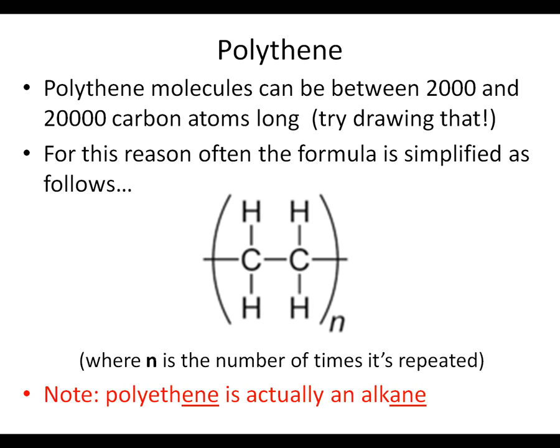So having really long chains means that they have much higher melting and boiling points. They're always solid at room temperature. So virtually every plastic that you'd see around you is just a long chain polymer or a really long chain alkane that we've made by linking together.